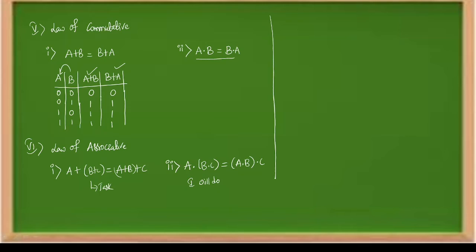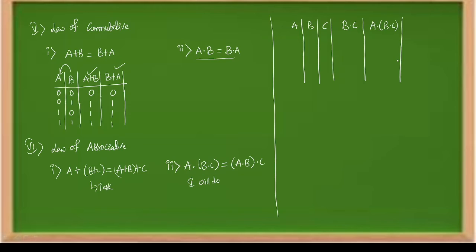Okay, so let me prove the law of associative with the AND operation. In order to prove this, I need three variables: one for A, one for B, and another one for C. First I need to know the AND operation between B and C. Then I can find A and B and C. This is the first thing.